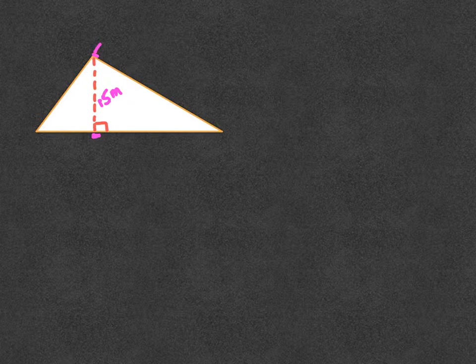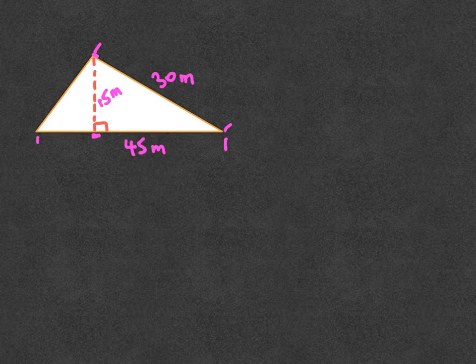Between here and here, this side length, let's say it's 30 meters. Between here and here, 45 meters, and over here to the edge, let's say it's 8 meters. So we need to establish what our lengths are.